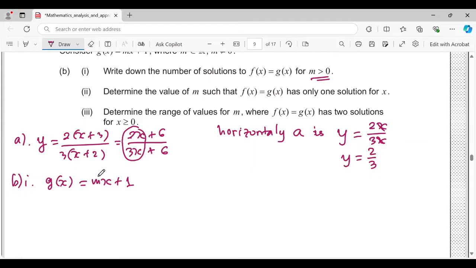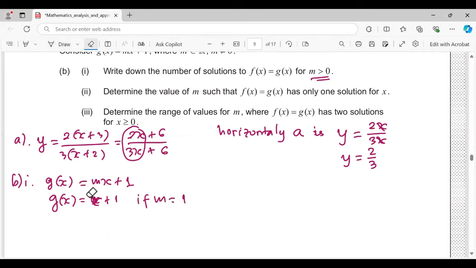Okay, so for example, if m equals 1, according to the requirement that m is greater than 0, I'm going to take 1. If m equals 1, g of x becomes x plus 1.